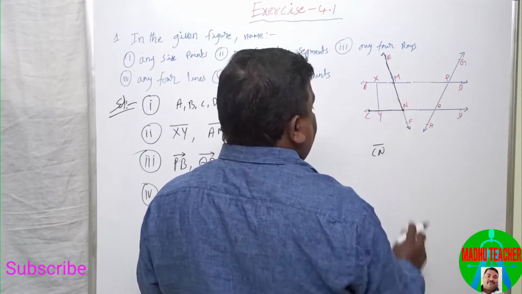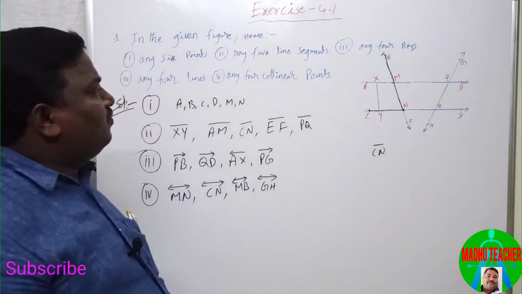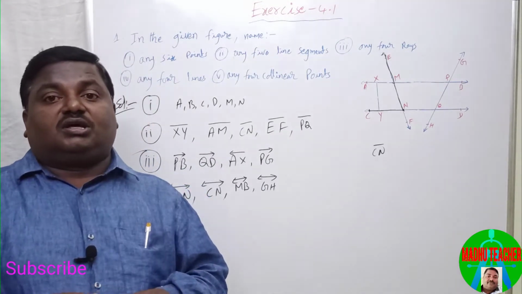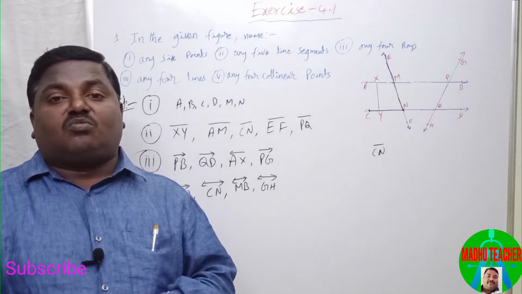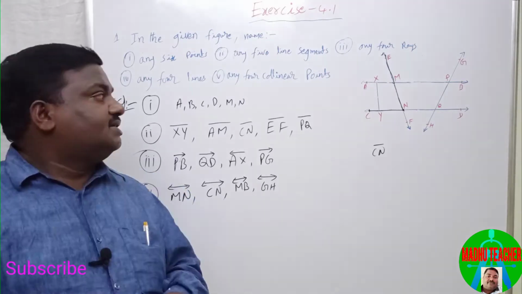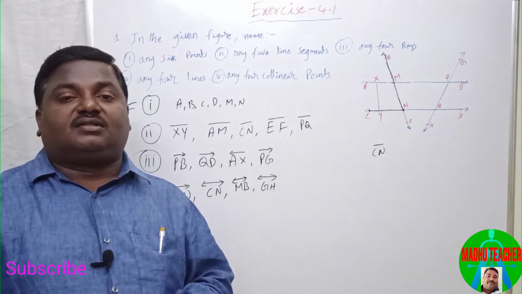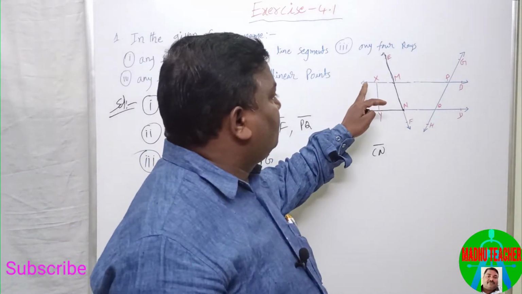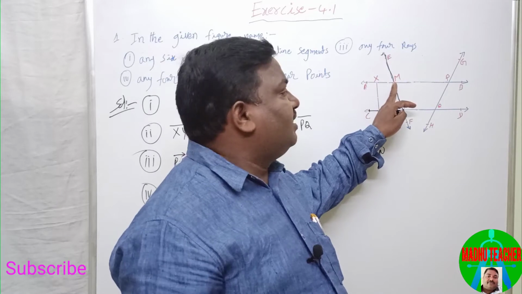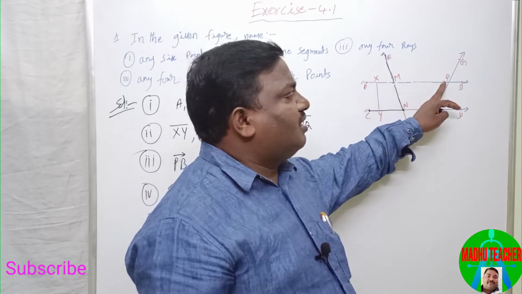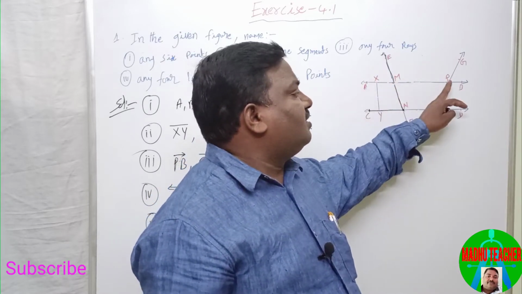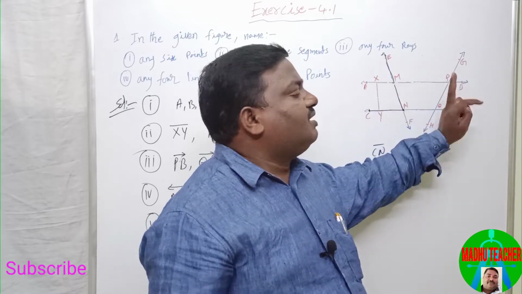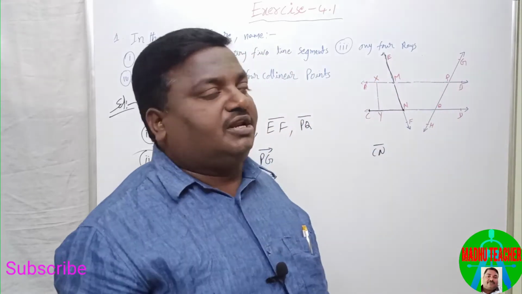And GH, this line. 4 lines covered. Next, any 4 collinear points. What are collinear points? If 3 or more points lie on the same line, then they are called collinear points. Here AXM are collinear points, or XMP are collinear, or AMP, XPB or AMB, these all are collinear points.